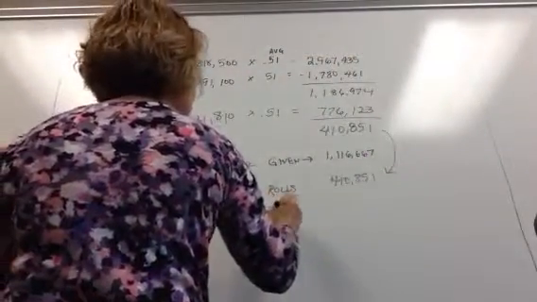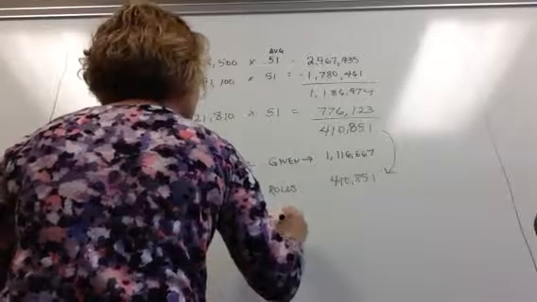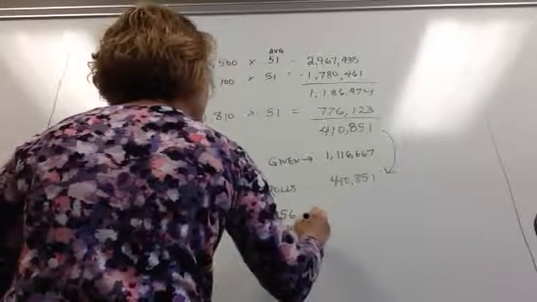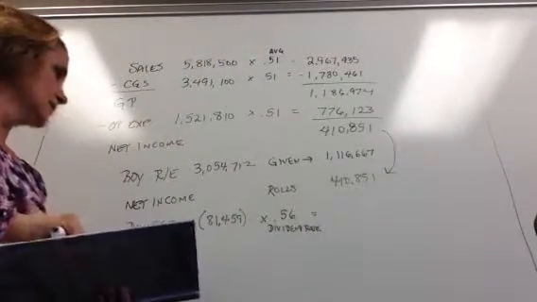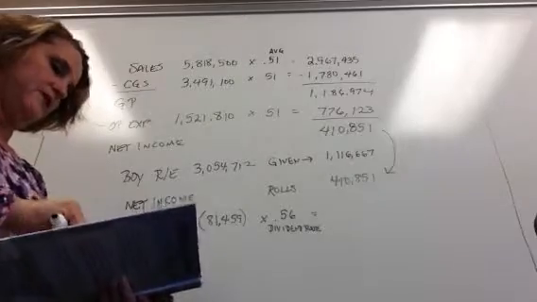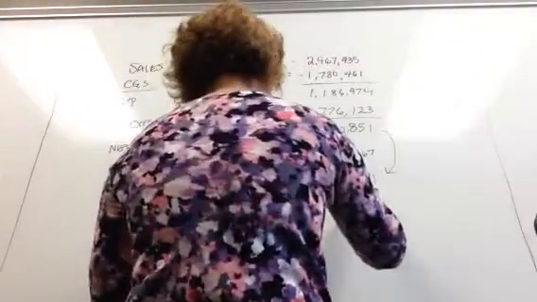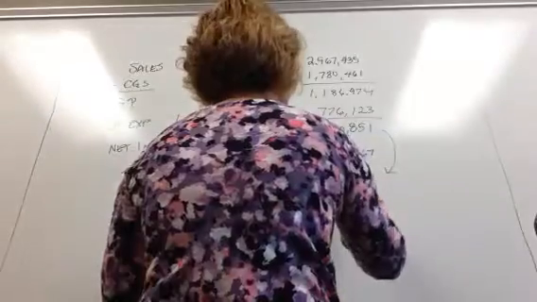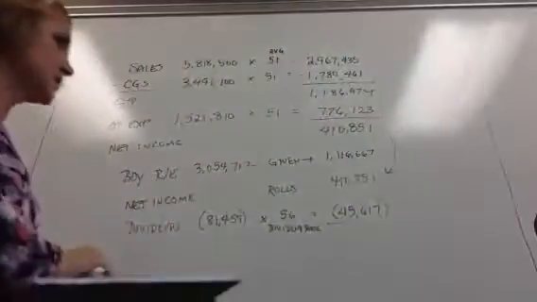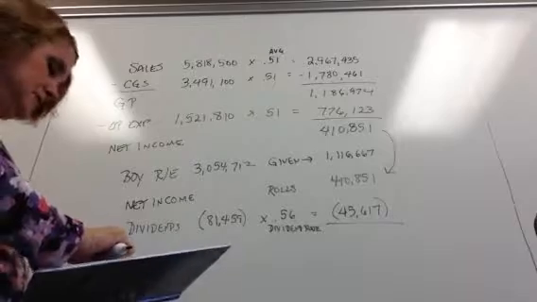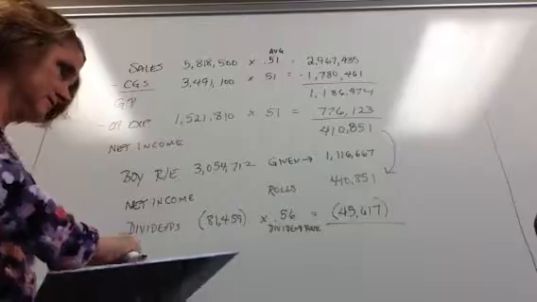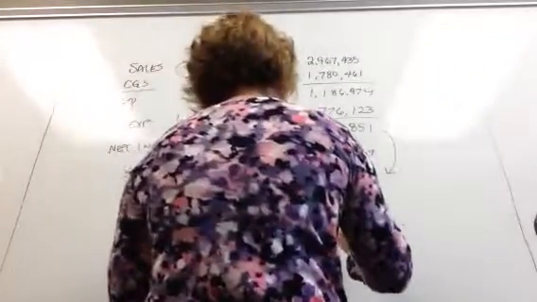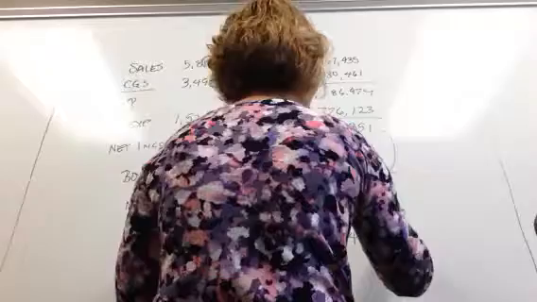So when we take that 81,459 times 0.56, we get $45,617. Then we can subtotal those, and that gives us $1,481,901. And that is going to roll to the balance sheet.